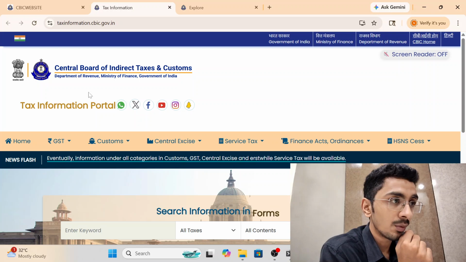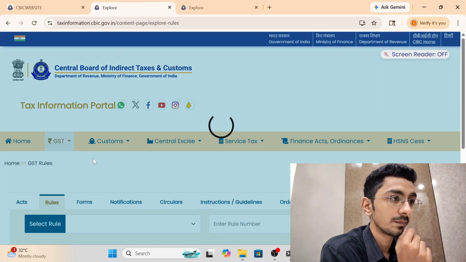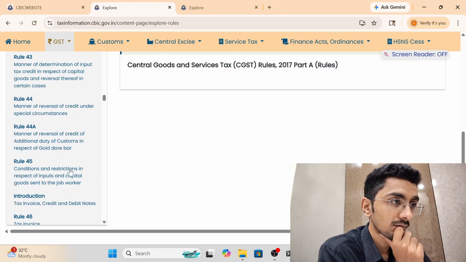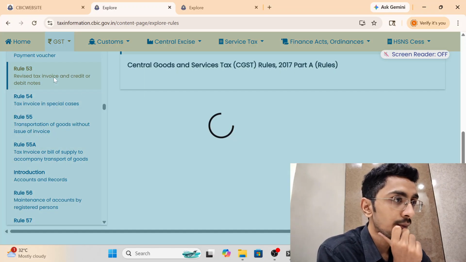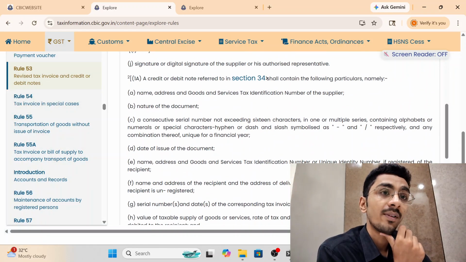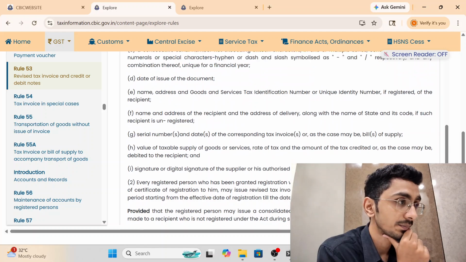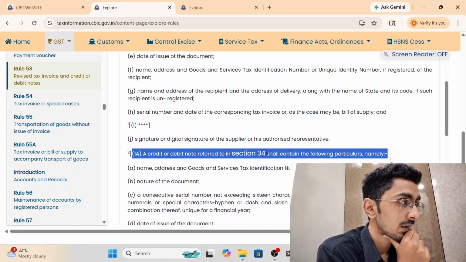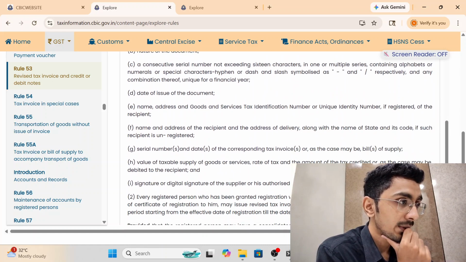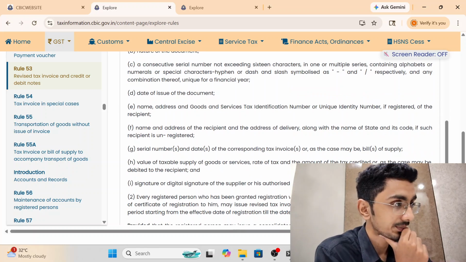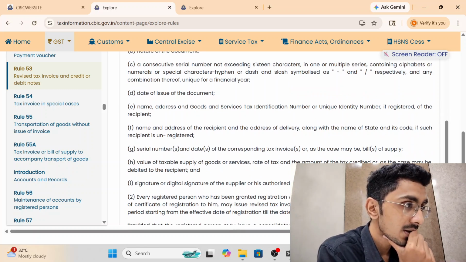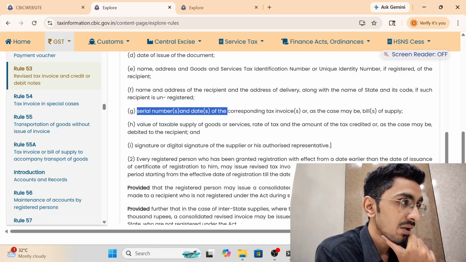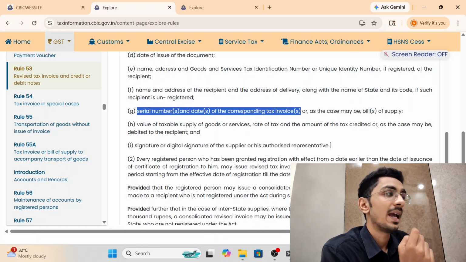But if we come to Rule 53, Subrule 1A, clause G, it says the serial number and dates of the corresponding tax invoices, as the case may be.